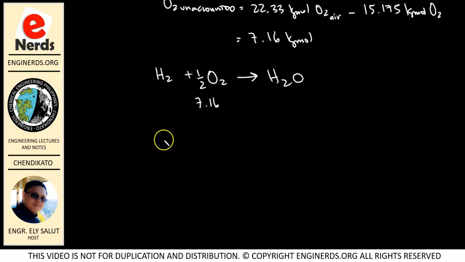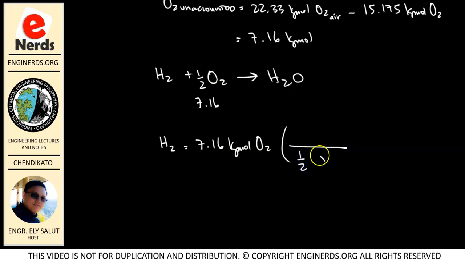Okay, so now we need to calculate our H2, which we can get by ratio. We have 7.16 kilogram mole of O2. For every 1/2 of O2, we have 1 kilogram mole of H2, right?